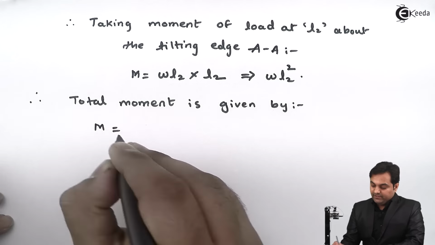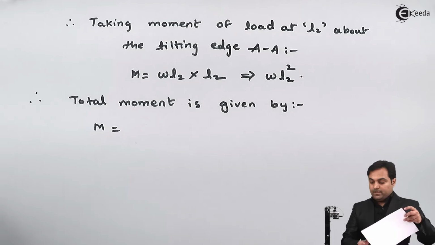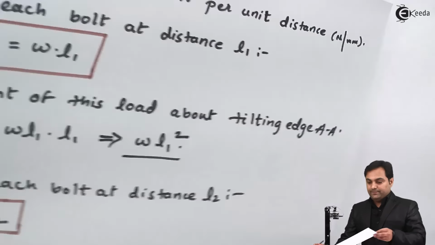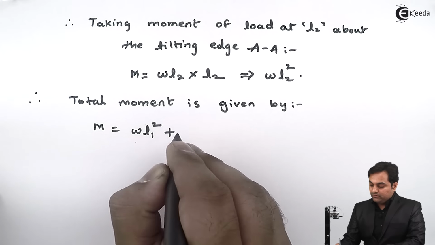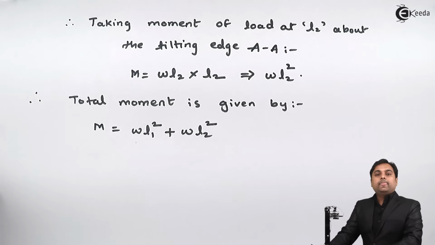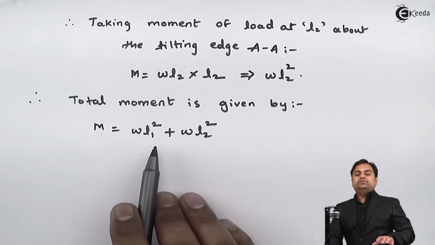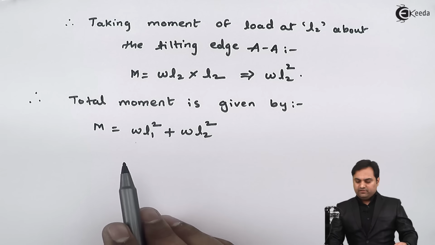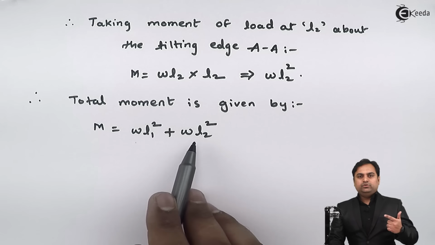total moment M will be equal to, for the first load we were getting the moment as W L1 square. For the second bolt we are getting it as W into L2 square. Now these are the moments of the load on bolts which are single, means at L1 we are assuming one bolt, at L2 there is one bolt.